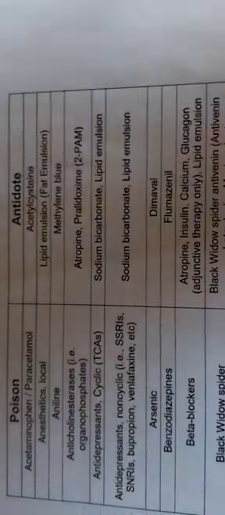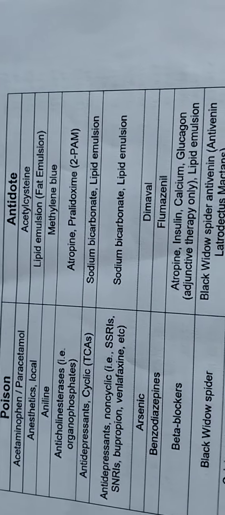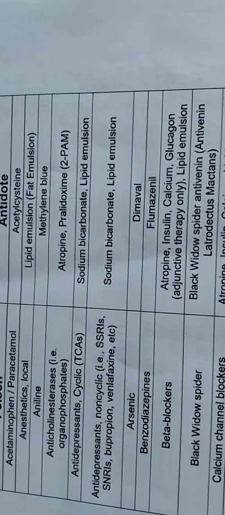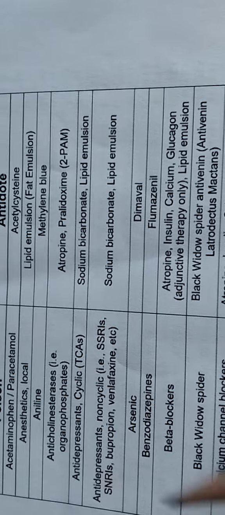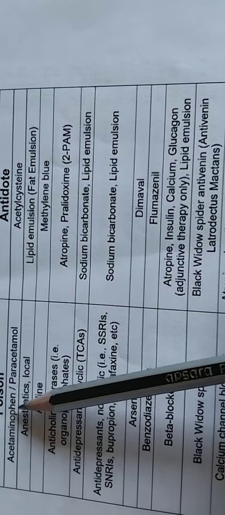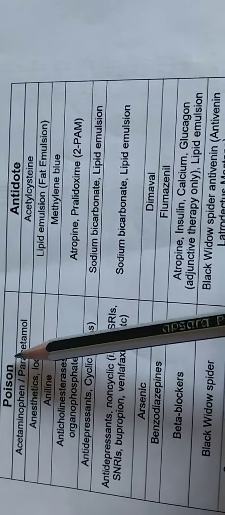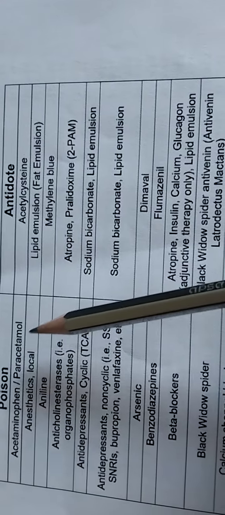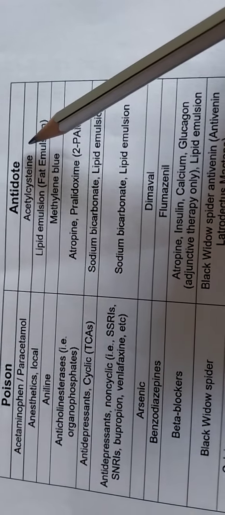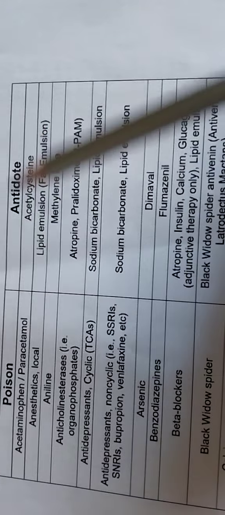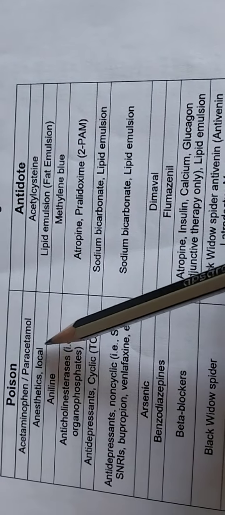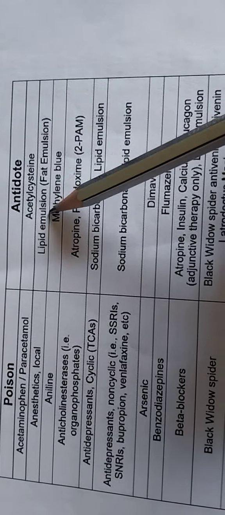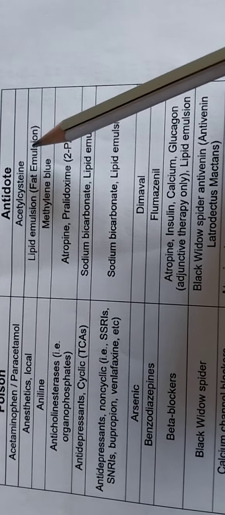Then let's see the very important topic, the poisons and their antidotes, which is asked many times in the exam. The first one, you can see on the screen, is acetaminophen or paracetamol. For acetaminophen poisoning, the antidote used is acetylcysteine. Then for local anesthetics, the antidote is lipid emulsion, that is fat emulsion.